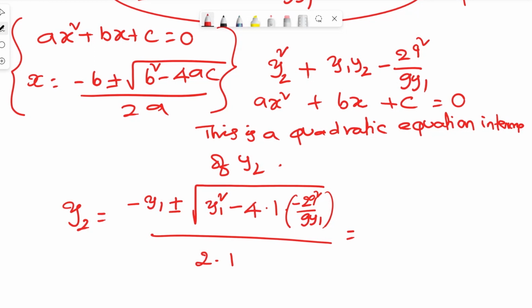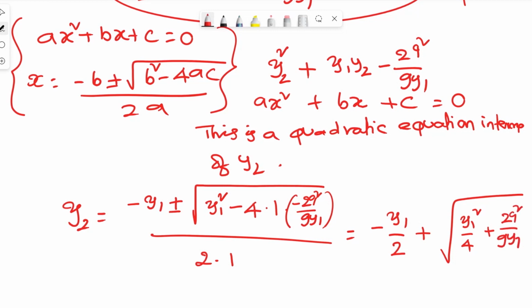So this is the equation which I got. It is nothing but minus y1 by 2, right? Now I will take one root first, plus; the second root I will write afterwards. This 2 in the denominator, I will take into the root. So it is y1 square by 4 minus, the 4 and 4 will cancel, so minus minus plus, it will be 2q square by gy1, right? This is what we got.